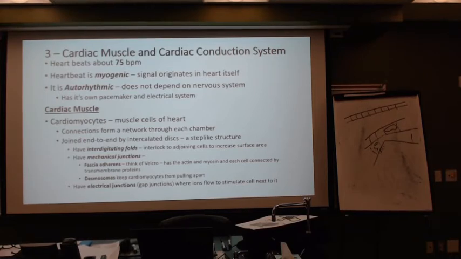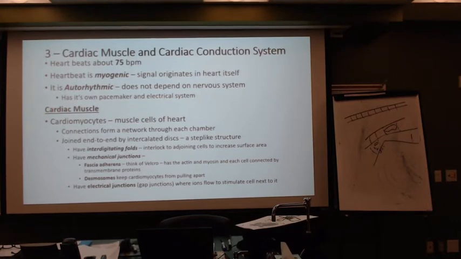Now, intercalated discs, okay? The way that they are created, they'll actually look a little bit step-like. They have gap junctions, and just like the name implies, there is a gap. And this is allowing for ions to pass.